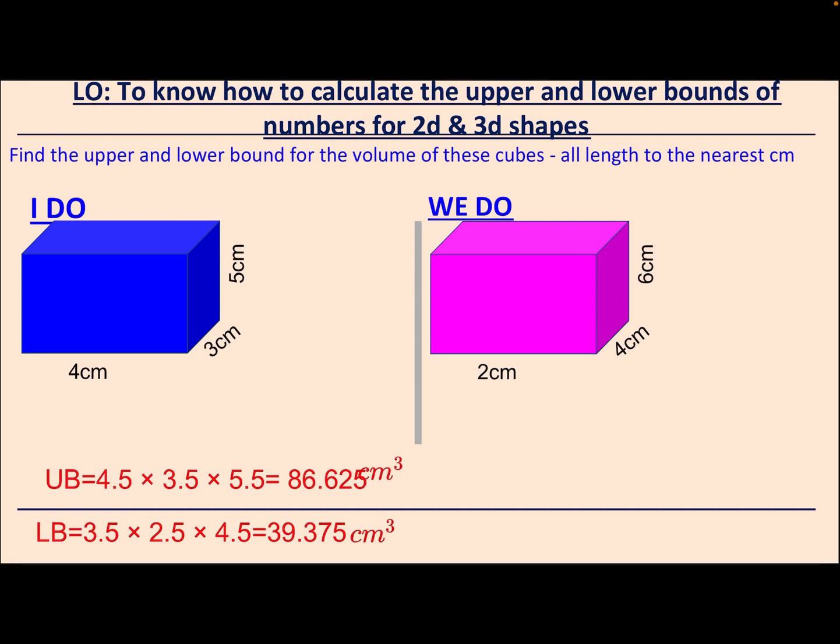And what we end up getting for our upper bound volume is 86.625 and lower bound volume 39.325 centimetres cubed. Alright, so I want you to do the we do, and you're going to have to find out the upper bound for each of these lengths and multiply them together to work out the volume. And then for you to find the lower bound volume, you're going to find the lower bound for each of the lengths to the nearest centimetre.